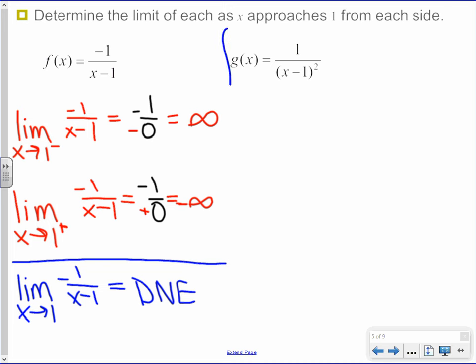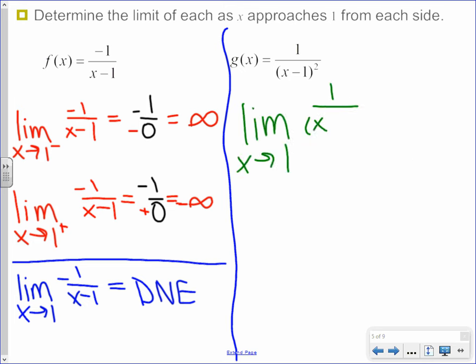Now, let's say here is g of x. If there was a question like this, where I'm asking you for the limit as x approaches 1, we try to do direct substitution, we have 1 over 0.